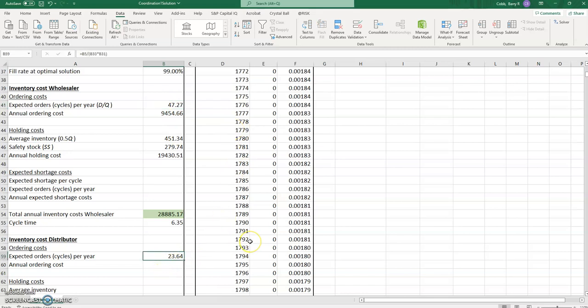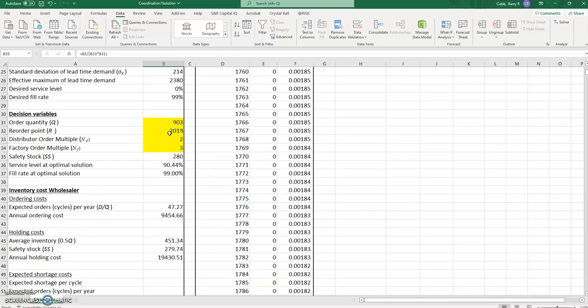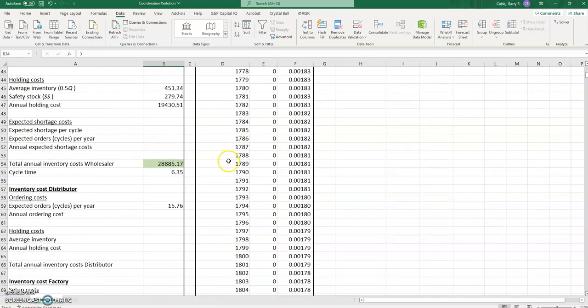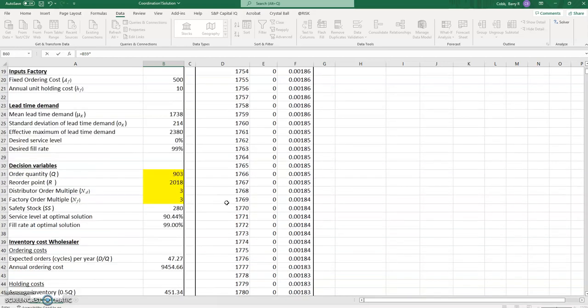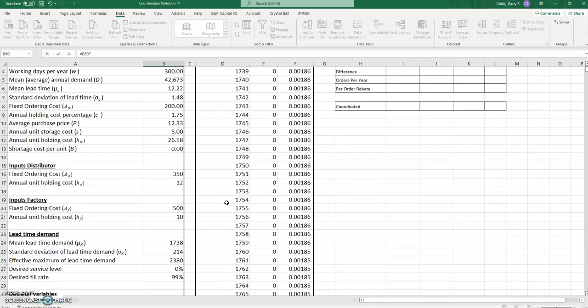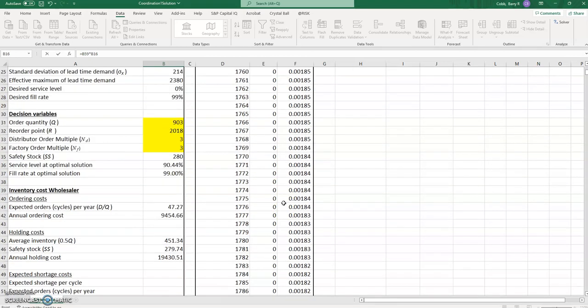The orders per year for the distributor is half of that. So you can see how the orders per year changes with the order multiple. I'll change it back to 3. So then the ordering cost per year is the order cycles per year for the distributor times the distributor's fixed ordering cost.